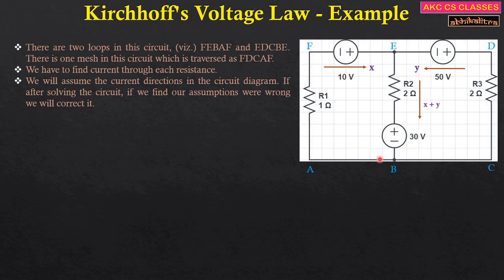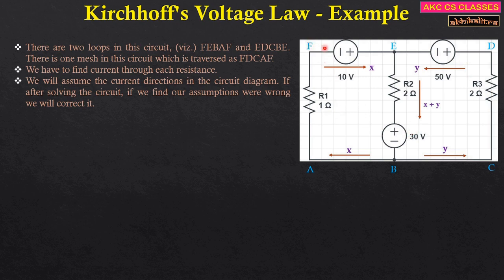The current moving in this direction will be X, and in this direction it will be Y. With respect to junction F, X is entering the junction and this one is leaving, so KCL is satisfied at this junction. Similarly, X is entering junction D and Y is leaving junction D, or you can say Y is entering junction C and Y is leaving junction C. So the directions are appropriate as per KCL, right?